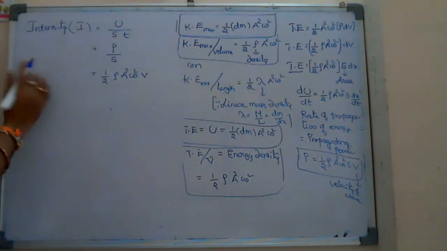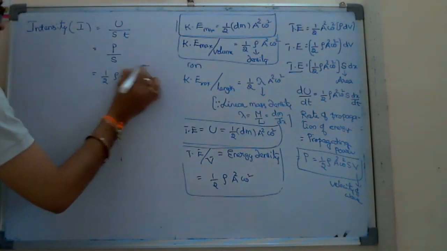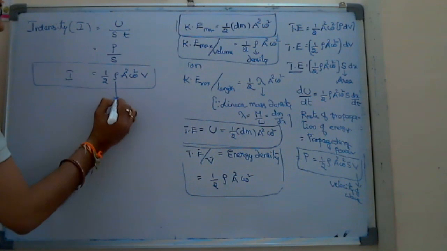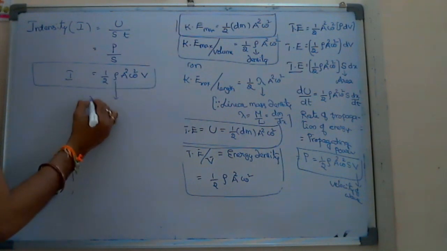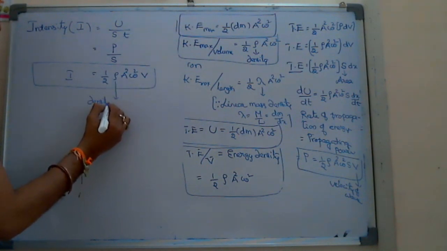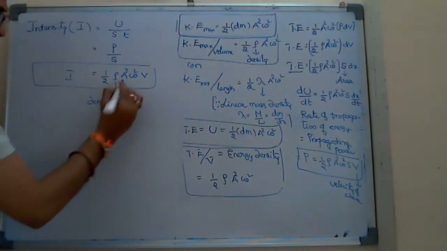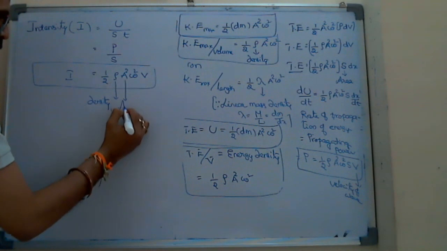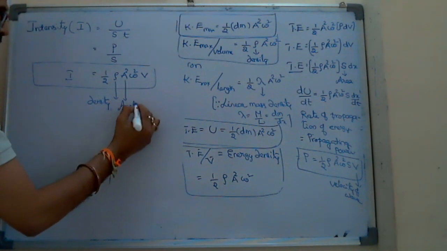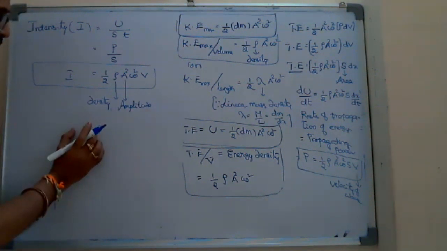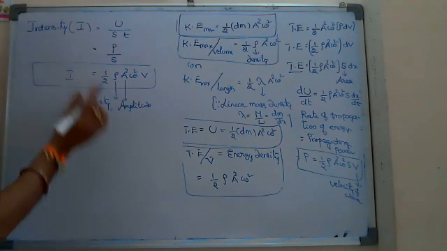Okay. So I think it is crystal clear for you. The intensity is equals to half constant. Keep all the terms here. Now rho is the density of the medium through which the wave is propagating. A is the amplitude. I think you know in your first year, y is equals to a sine omega t, where a is called maximum displacement from mean position, called amplitude.